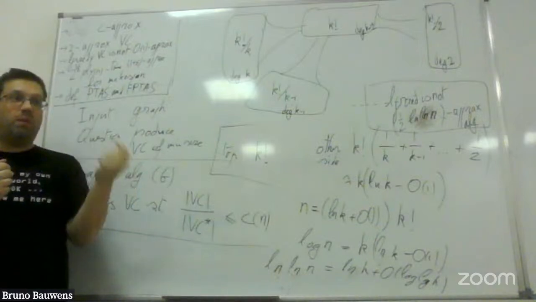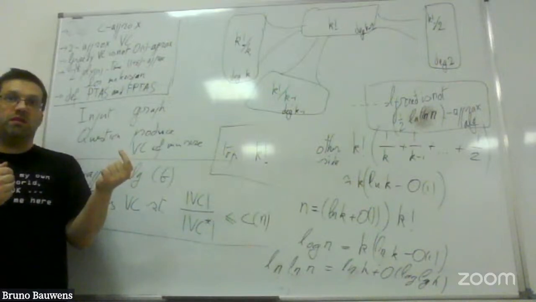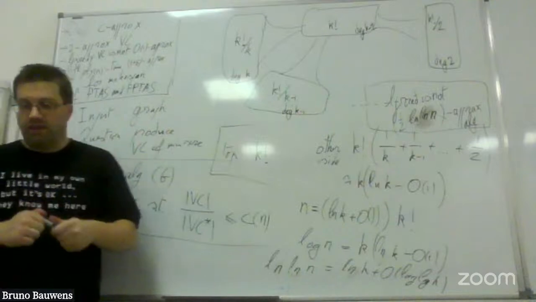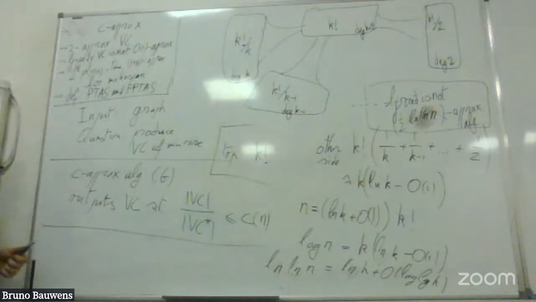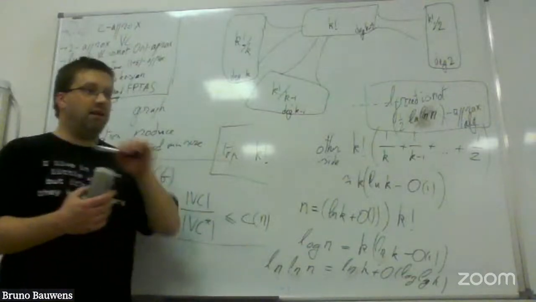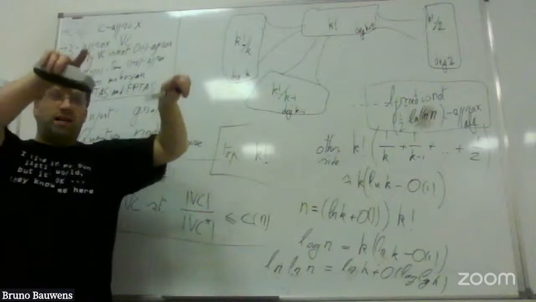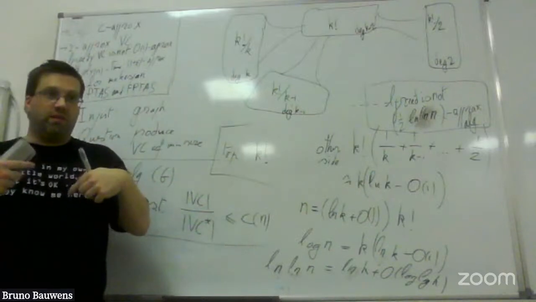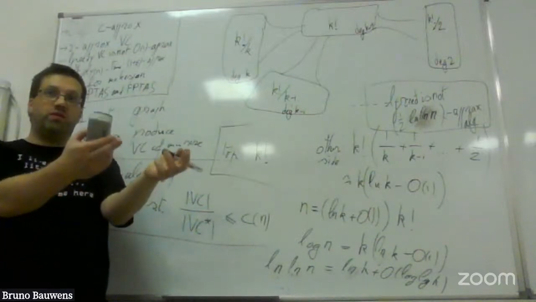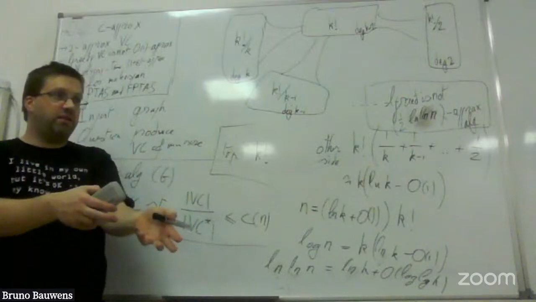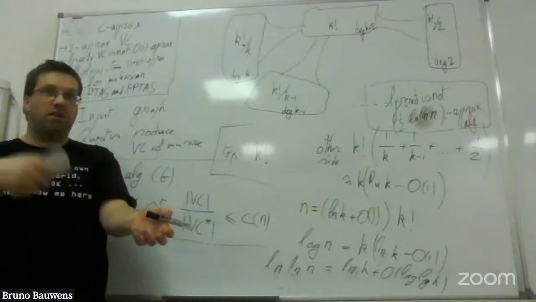And this is a two approximation algorithm. So the new algorithm is: take any edge in the graph, put the two endpoints in the vertex cover, then remove these two nodes from the graph and all the incident edges, and then repeat.